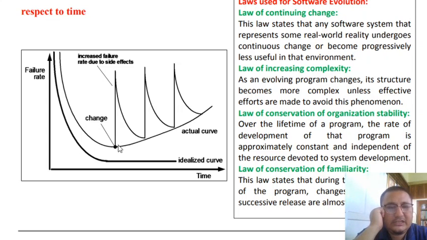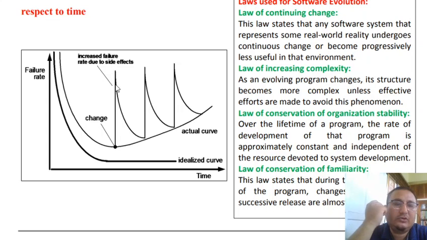But because of the change that is being introduced, you'll see that there is a certain spike in the failure rate, because a change in one of the modules may result in other modules not being able to perform their functionalities, right? So there is a cascading effect in the modular orientation, and the other modules are not able to perform their activity. So there is a spike in the failure rate.